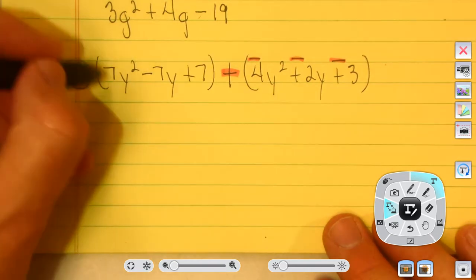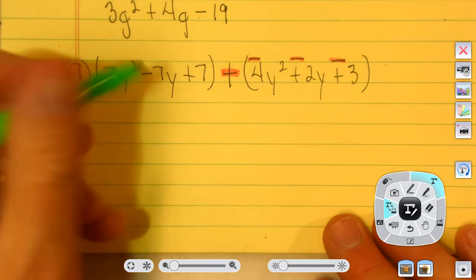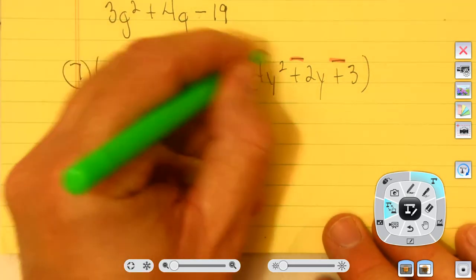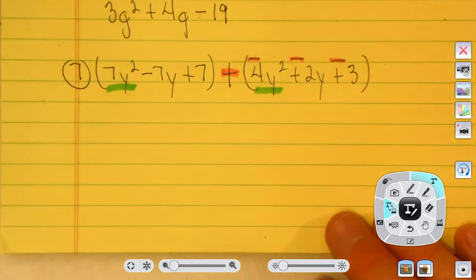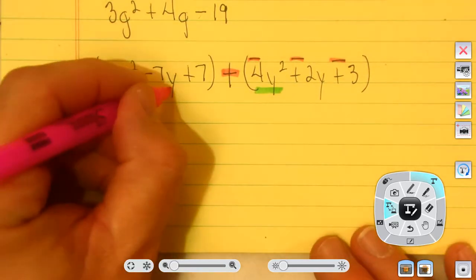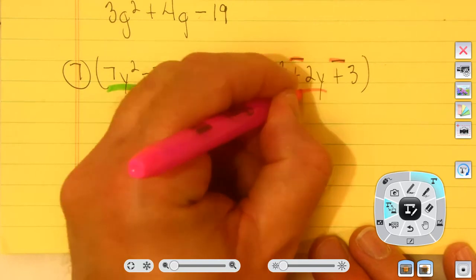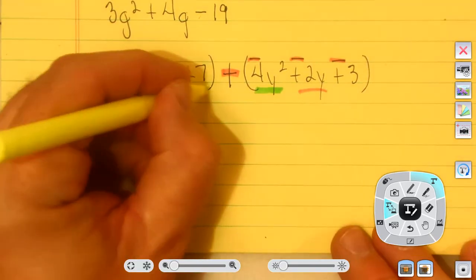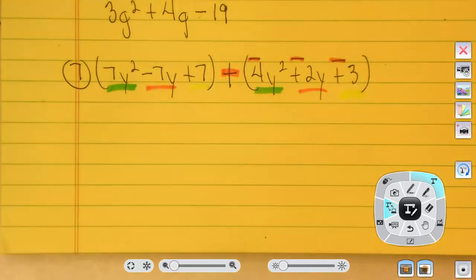So when I do that, I'm going to match up my like terms. 7y squared goes with, excuse me, negative 4y squared. Negative 7y goes with negative 2y. And last, positive 7 goes with negative 3.